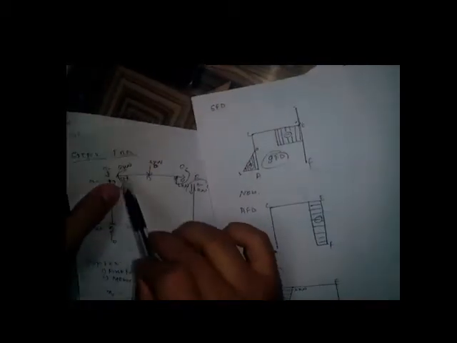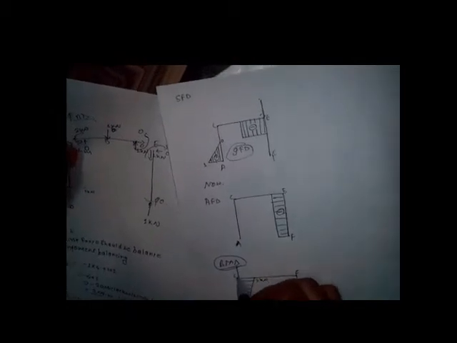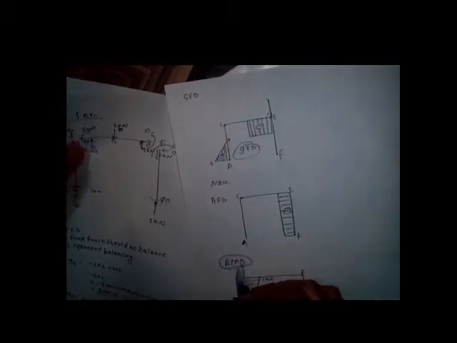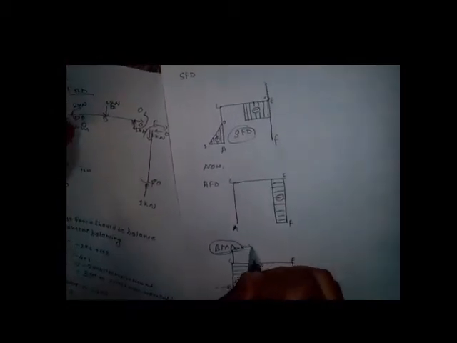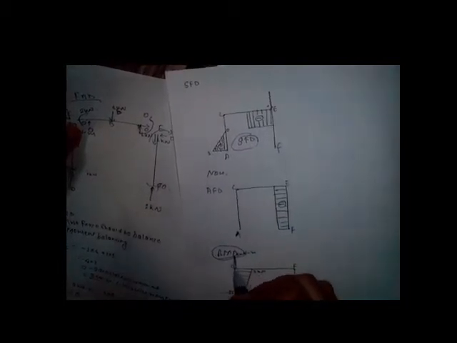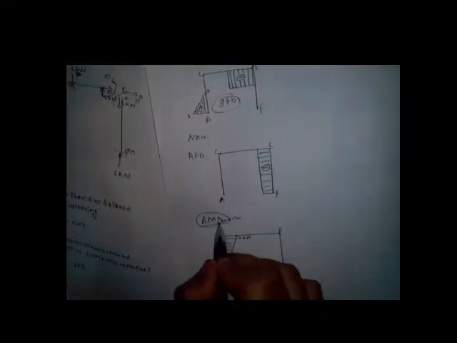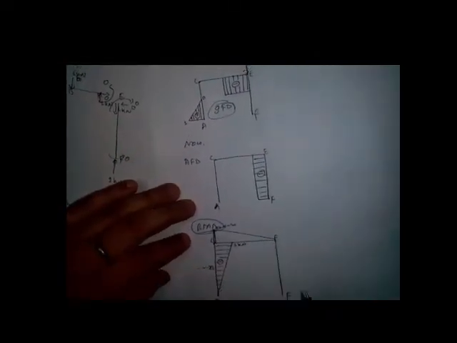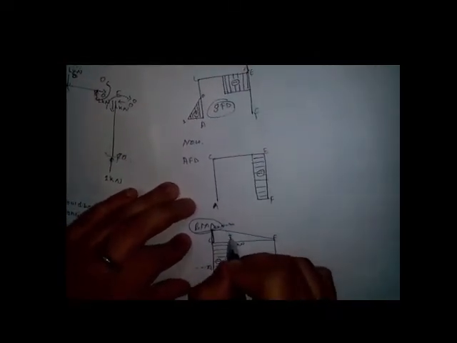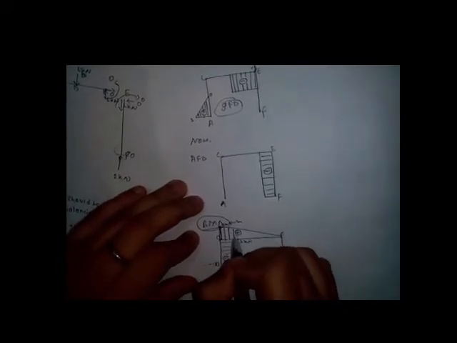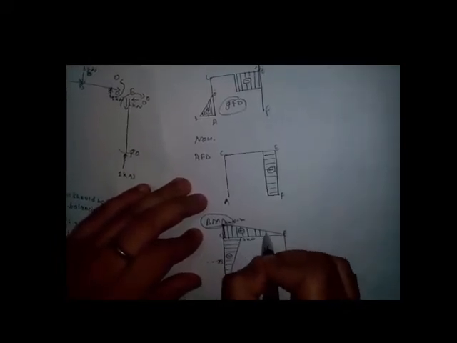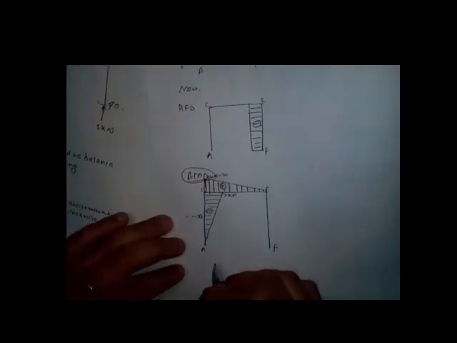Now we come to this point. At this point 2 kilonewton clockwise movement is upward. So suppose here is 2 kilonewton meter, and at this point it's 0, so it will be a similar pattern as AC, and it's a positive moment with hatching in this pattern perpendicular to the axis. It's the bending moment diagram.